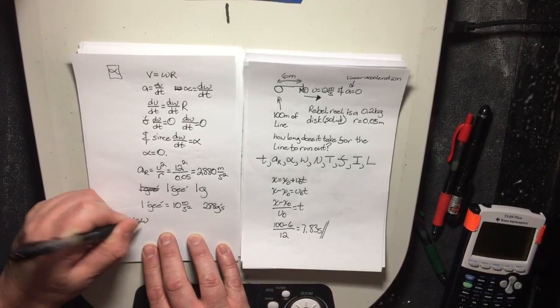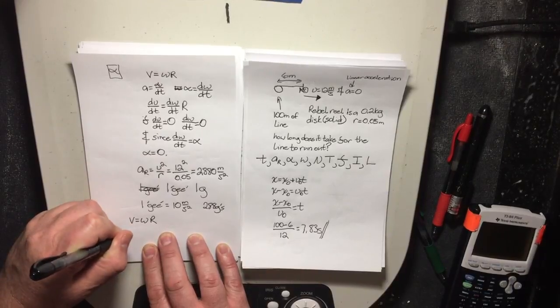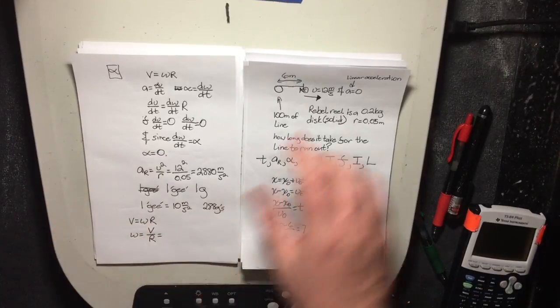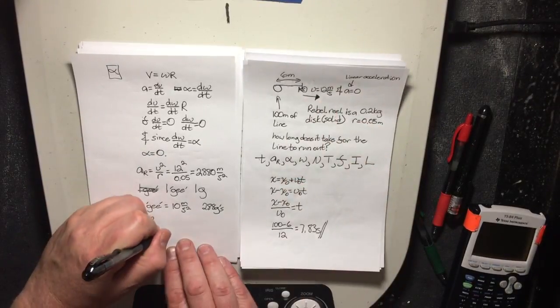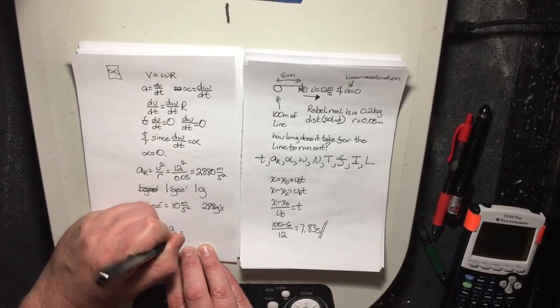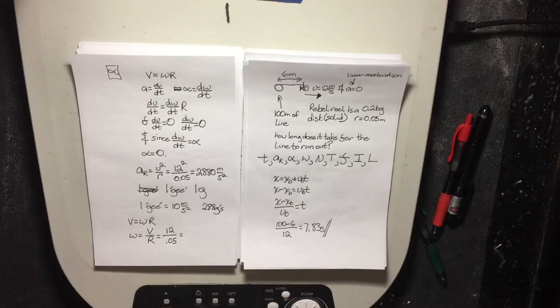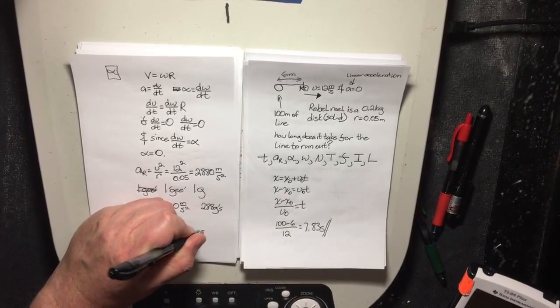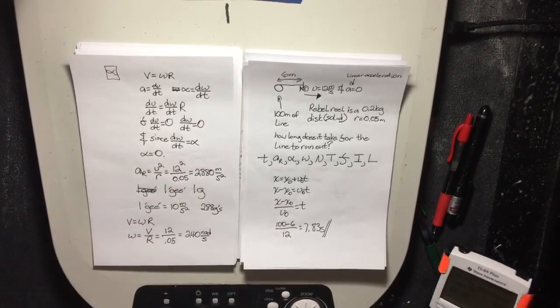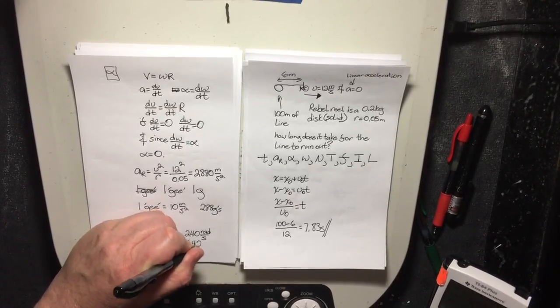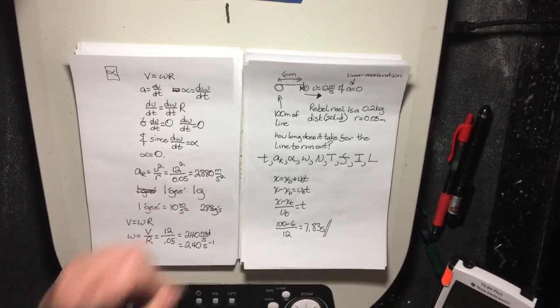V equals omega R, or omega is V over R. The V is the linear motion of the fish, 12. The R, 0.05. So the omega is 240 radians per second. Or if you want to be incredibly exact about it, 240 inverse seconds.